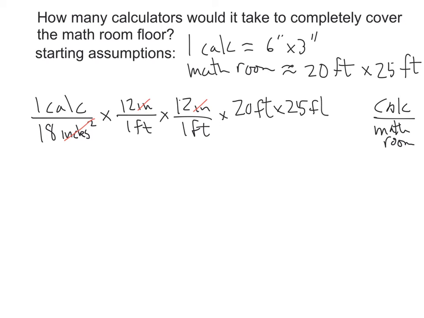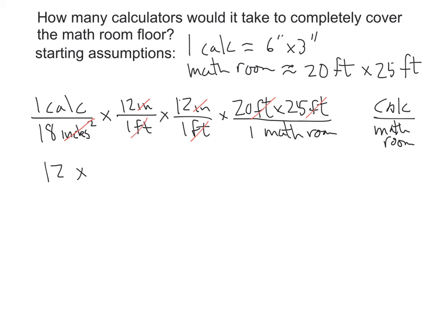So in other words, a product of 20 and 25. That's going to get us the area of a math room for one math room. And you'll see that our units of feet and feet cancel. Feet squared and feet squared are now canceled. So we are now in the units of calculators per math room, and we can simply sort out our numbers.